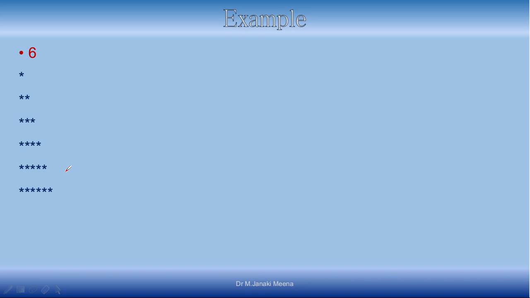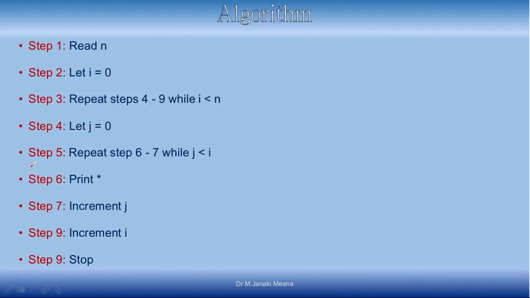There should also be a loop to print some values in each row, because what is printed in each row also requires repetition. In the first row there is only 1 star, second row 2, third row 3 and so on. So in general, in the ith row I have to print i values, i stars. That's the basic thing. With this idea we are going to write the algorithm.